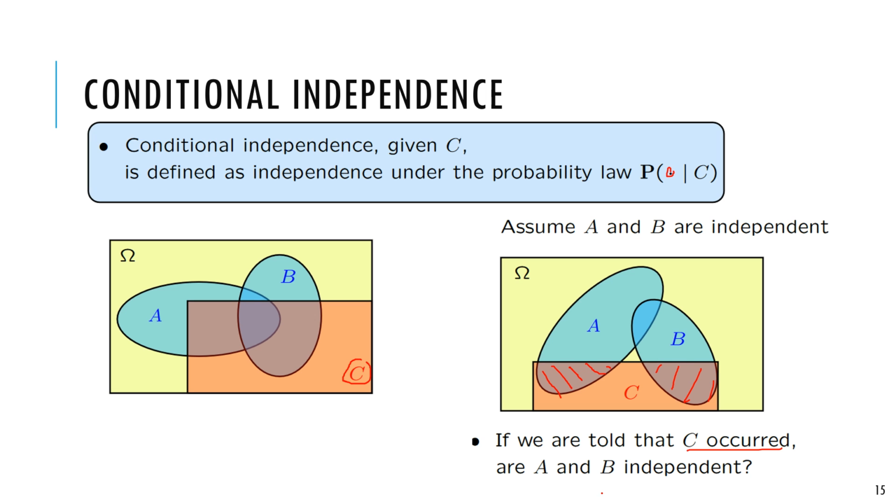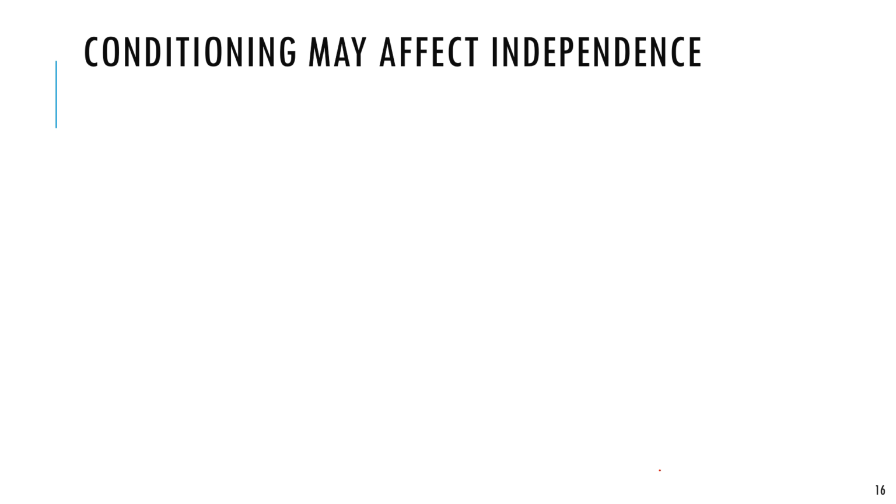So we can conclude that A and B are not independent, because if A occurs, B does not occur, given the condition that C occurs. So the answer is no. The conditions might affect the independence.